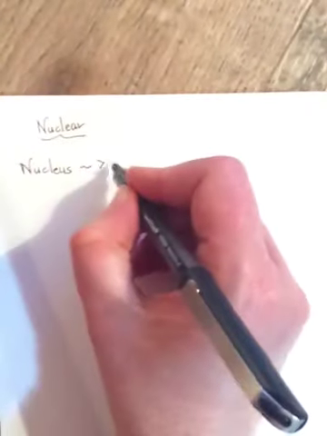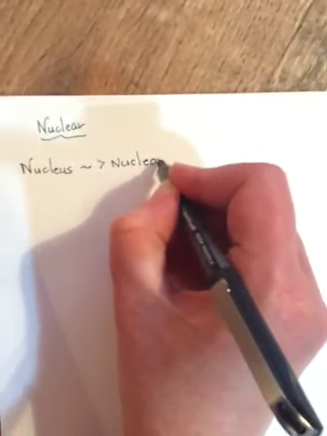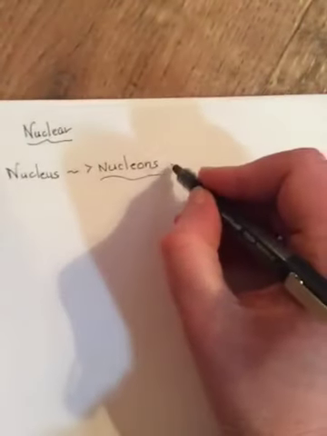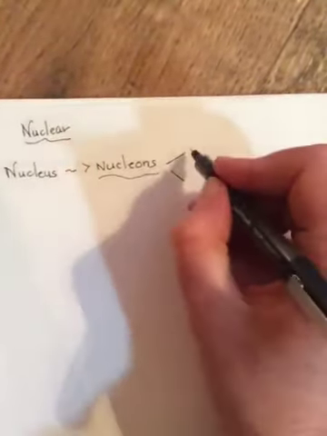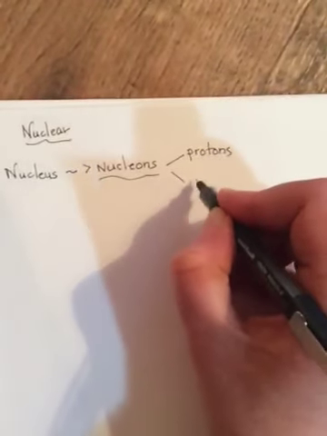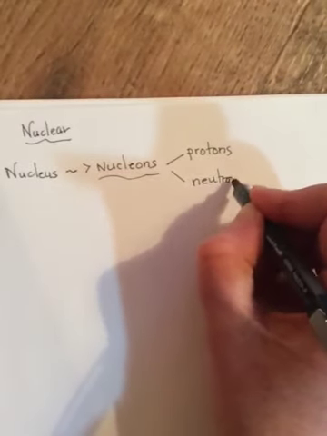So inside the nucleus, we have particles that we call nucleons. And you may or may not have heard of this word. And nucleons really include two things. They include the protons, and they also include the neutrons.